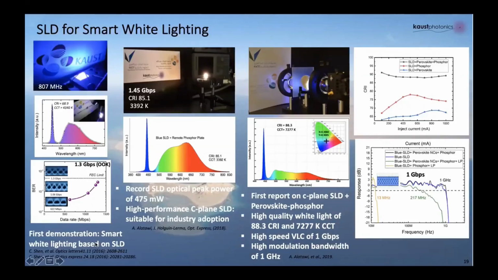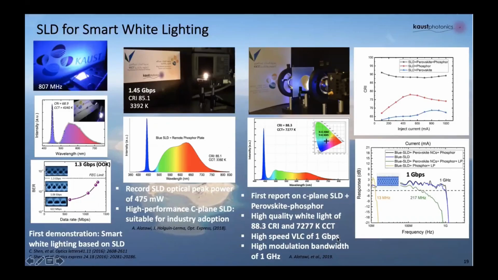Hundreds of milliwatt of power is still not sufficient. So 2 years ago, we managed to increase the power to a record level above 300 milliwatt, close to 500 milliwatts, and yet be able to modulate the device at above 1 gigabit per second and give a decent CRI of about 81.